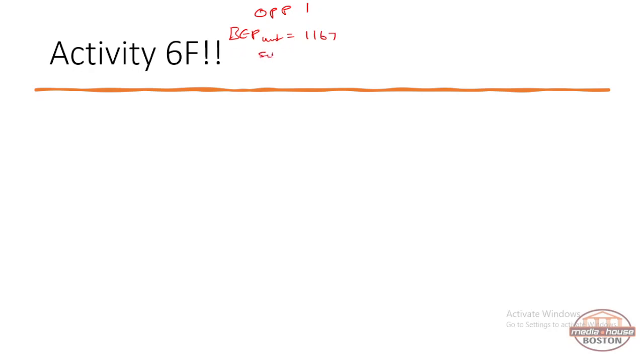In sales, it's 466,800. Opportunity number two, BEP in units, it's 14,286. In sales, it's 571,440 if I'm not mistaken. Let me just quickly confirm that. 440.